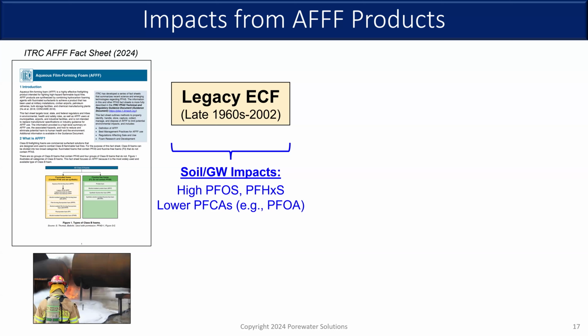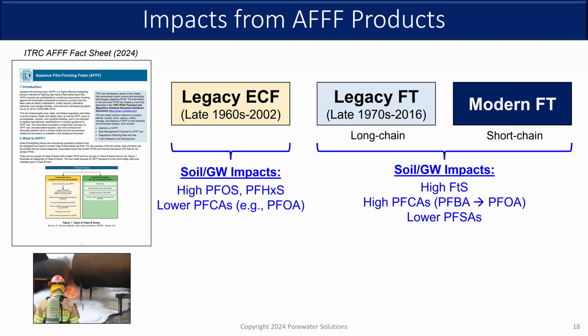And you wouldn't see the 6:2 FTS, for example. But a lot of sites tended to use a mixture of products. I've seen a few sites with very distinct signatures, where only one or the other product was used, ECF or fluorotelomer based, but that's pretty rare. A lot of fire training areas tended to use different products over time, so you might see a mixture of impacts from each product.